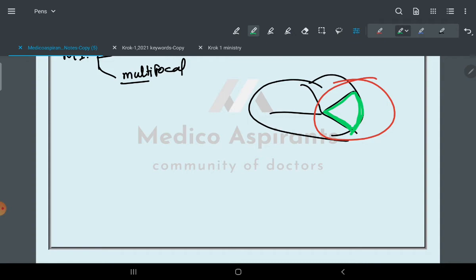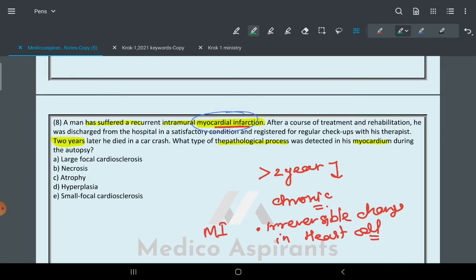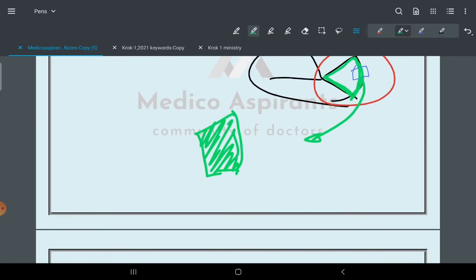Now if you go into more detail, let me cut this part only, so it will be like this part. Now what is transmural, or here in the question it is saying intramural.